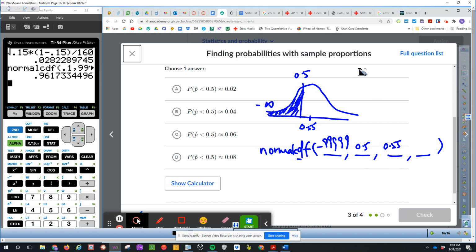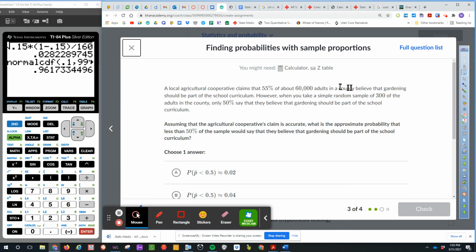But what about my standard deviation? I need to use this 0.55. Remember, square root of P times 1 minus P divided by N. What's my N? 300 is my N.